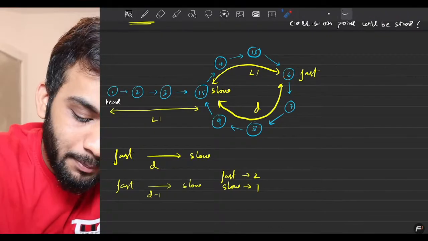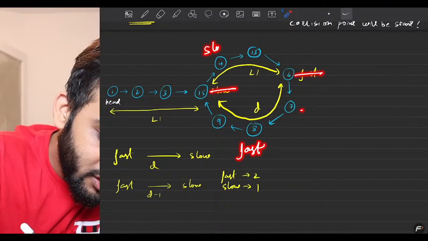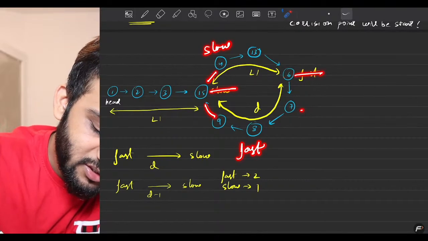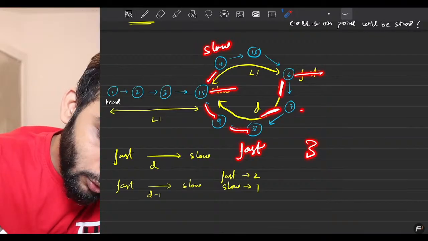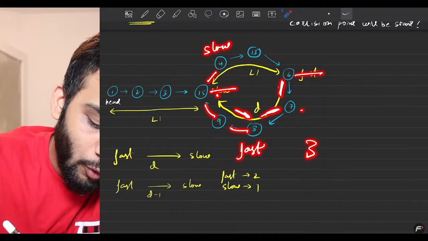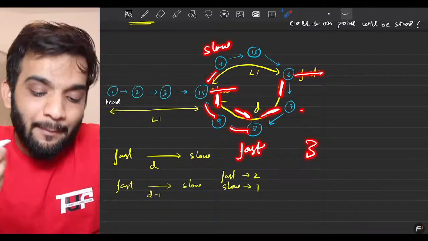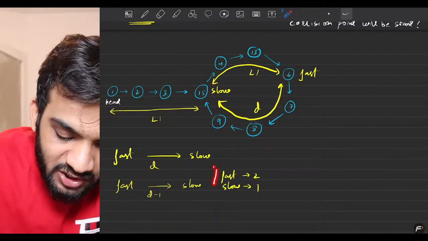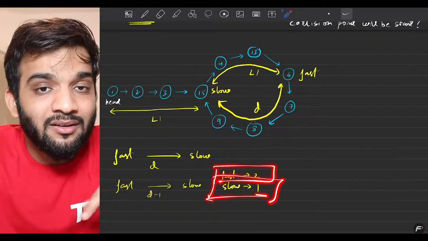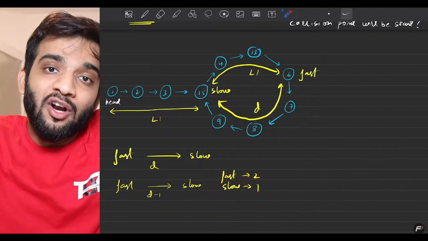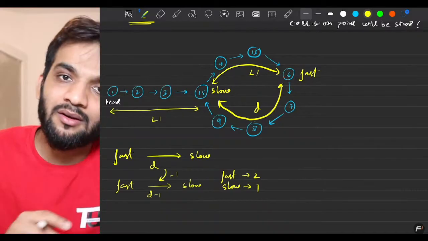What do I mean by one step? If the fast goes here and the slow goes here, you will see the distance now is 3, whereas previously the distance was 1, 2, 3, 4. Previously it was 4, and that is reduced to 3. Why? Because fast is moving 2 towards slow, while slow is moving 1 away from fast. So the overall reduction is minus 1.